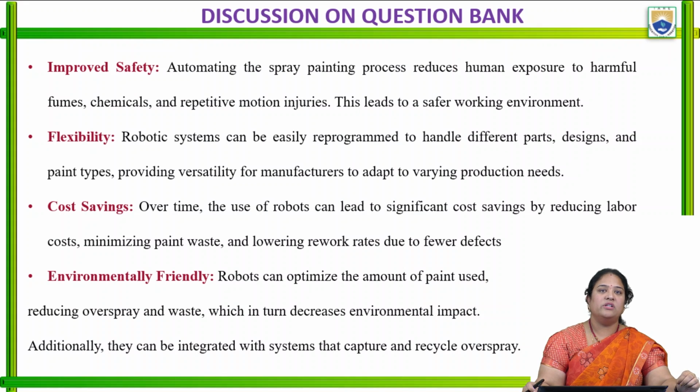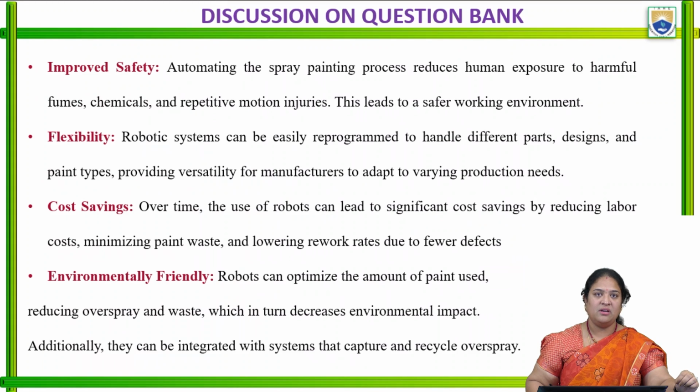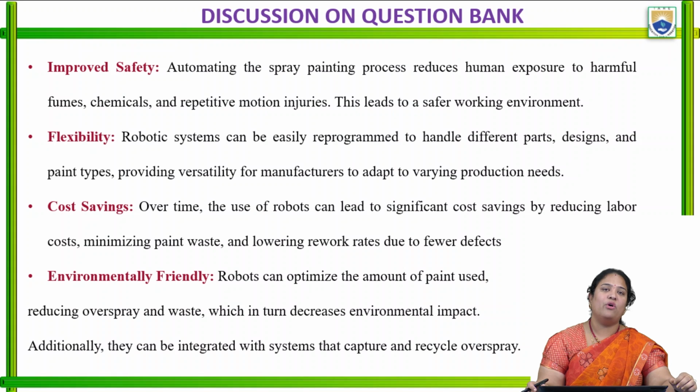Next, it is also used for improved safety, flexibility, cost saving, and environmentally friendly operation. Not only consistent quality, increased efficiency and precision, but it is also useful for improved safety. As I've told you, the chemicals we are using in this particular spray painting operation are very toxic, which damages the health of the workers in that industry.